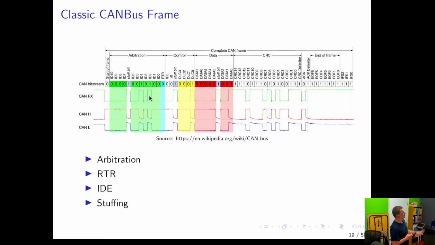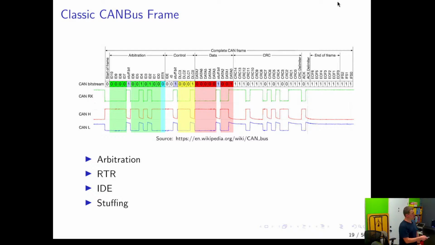Then there's the RTR, which I'll ignore, and these control characters for a second. Then you have the data length field and the data. In this case, you have 1 here, so there's only a single byte of data. But if there was more, then they would come afterwards. Then there's the CRC field, acknowledge bit, and the end of frame, which is all ones, right?